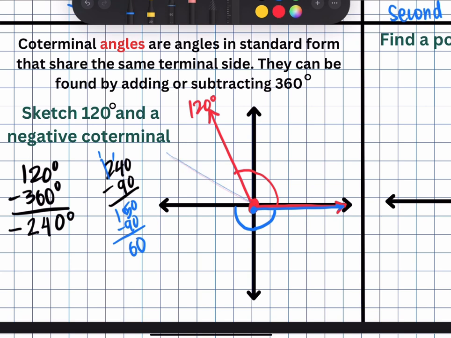Well, I split this one up in 3 sections, and 60 means I would travel 2 of them. And look at that. I end up in the exact same place as positive 120. So this is just an example of 2 angles that share the same terminal side and they land in the same place.